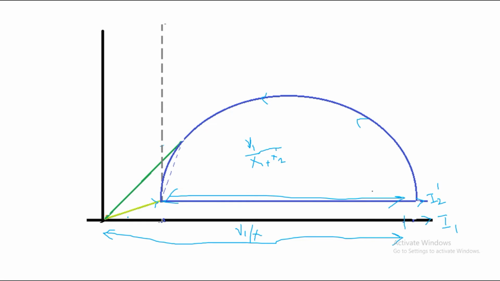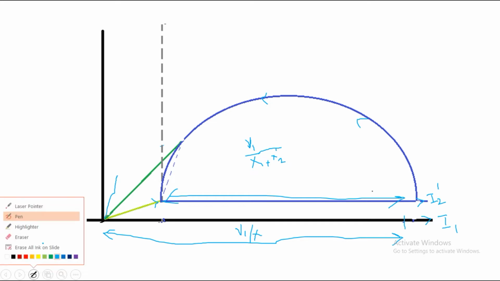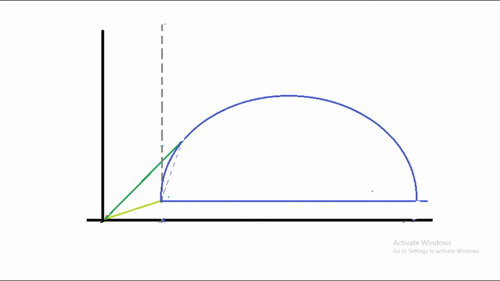After including the locus diagram, we can remove the actual phasors we drew in the previous diagram. After removing this portion, this would be the basic actual circle diagram. So this is I0 and this is I2 dash, and now we have to find the resultant current.